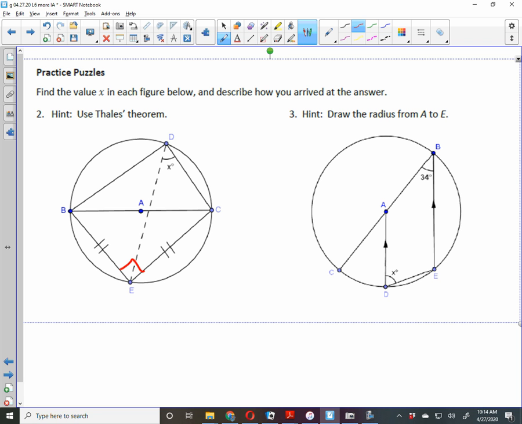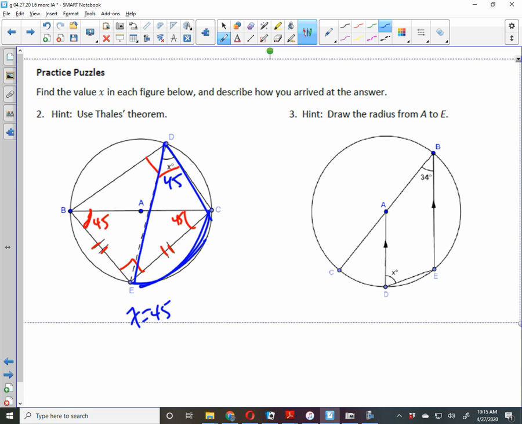And this is a right angle right here. Since these are congruent, then these have to be congruent, which makes this 45 and this 45. Since this 45-degree angle right here intercepts this arc, and so does this one, then this has to be 45 degrees. So x equals 45. And again, you're just putting the puzzle pieces together.